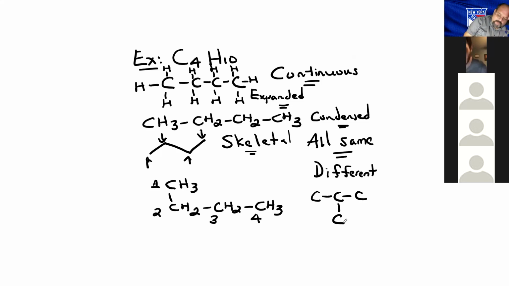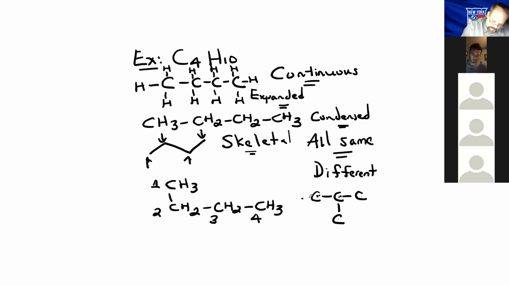Because in this case, when I make the parent or main chain three, and notice 1, 2, 3, 1, 2, 3, all the different ways you can go, the longest carbon chain is 3.